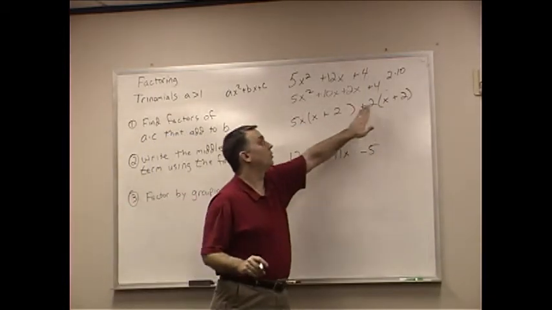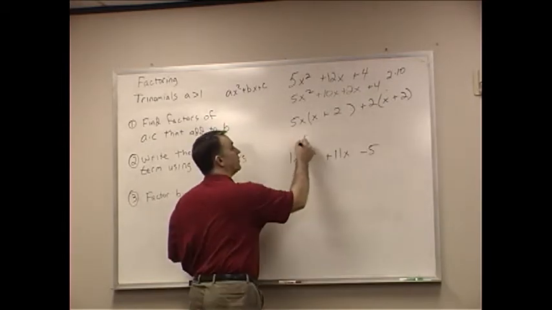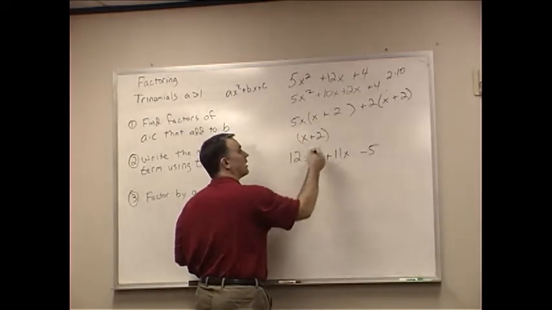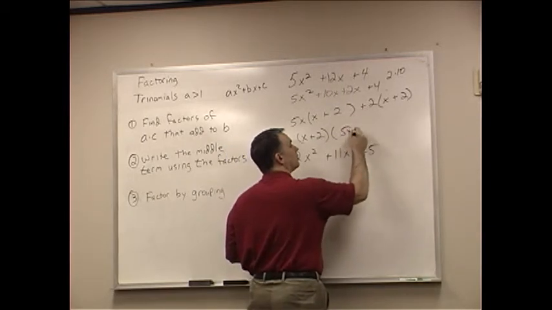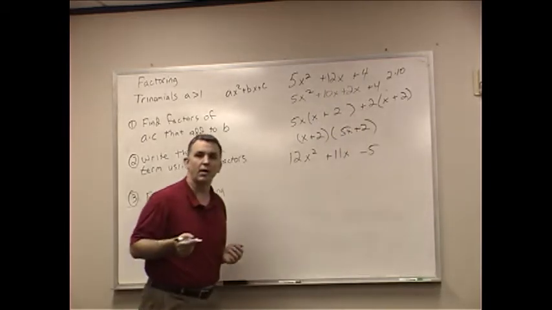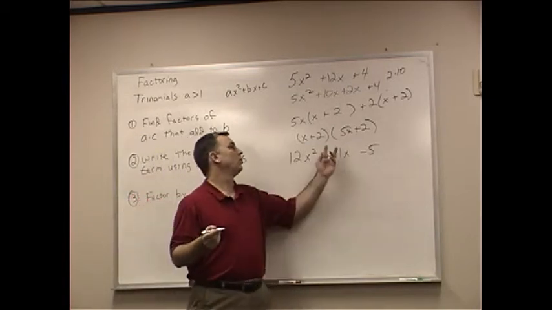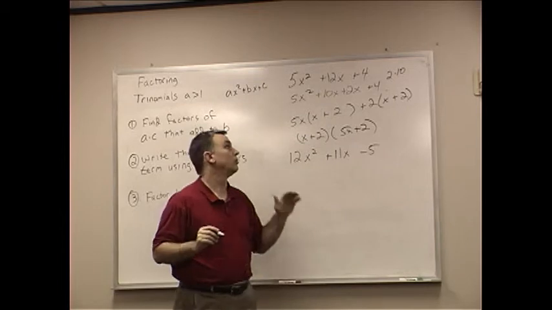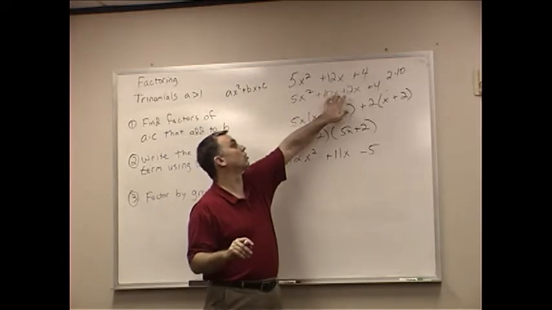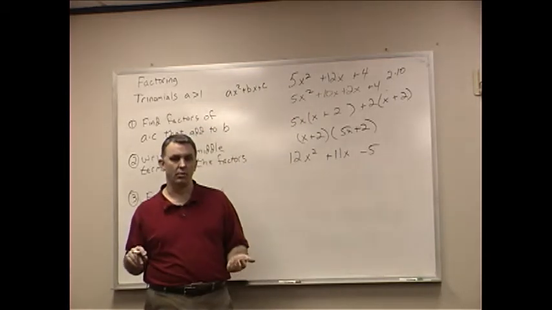Now they both have an x plus 2 in the parentheses. And 5x plus 2, that's what's going to go in the other parentheses. So we end up with the same answer, they just end up flipped around, don't they? So it doesn't matter which order you write the middle two in.